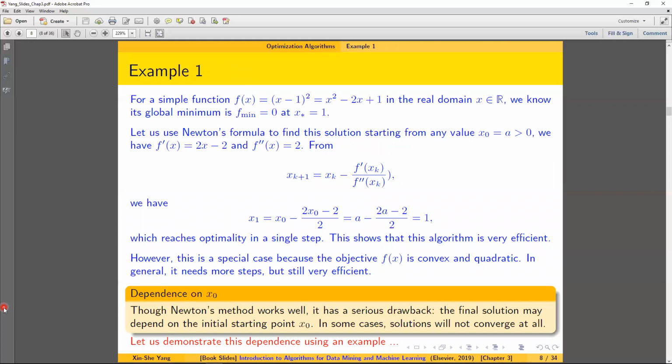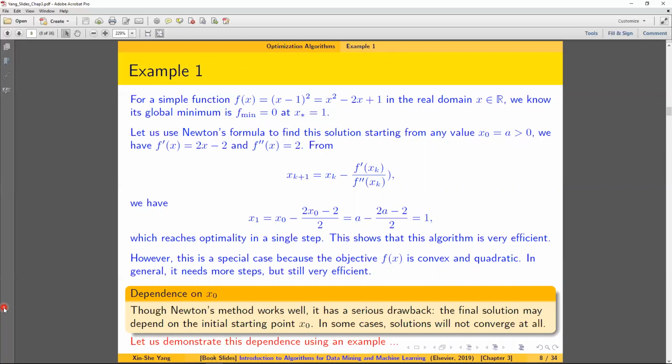This is a very similar example to what we discussed earlier, but we can go through it quickly. We have this function f(x). We know that its global minimum is f_min equal to 0 with x star equal to 1.